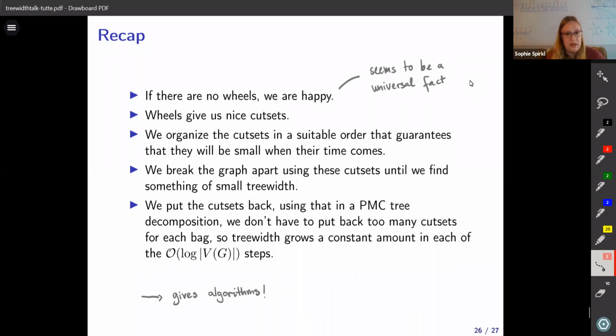What they do for us is they give us cut sets. And we like cut sets because tree decompositions at their heart are structured cut sets. But then we said, we want to break all wheels, so we kind of need to decompose by all these cut sets, and that may be a mess.